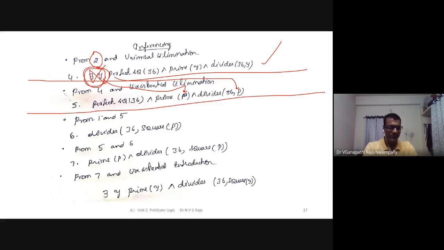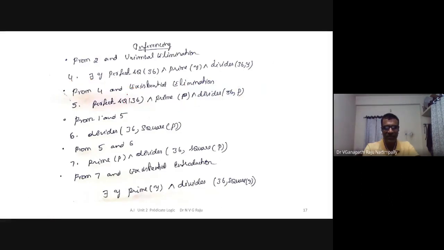You can also replace it with a function name, some prime P like this. It is up to you. After eliminating there exists y, wherever y is there in my fourth equation, I am going to replace it with P.